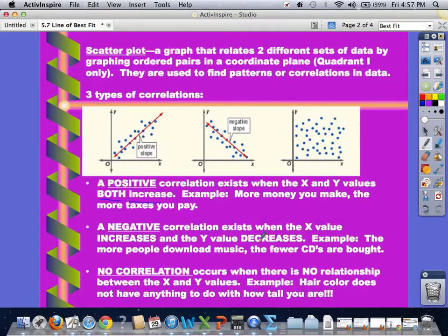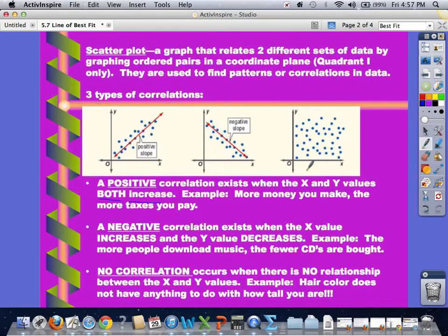For example, the more people that download music, the fewer CDs are bought. Okay? And then no correlation occurs when there's absolutely no relationship between the x and y values. For example, hair color does not have anything to do with how tall you are. That has no correlation, and that would give you a graph that looks like this.